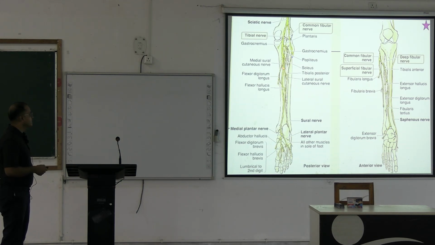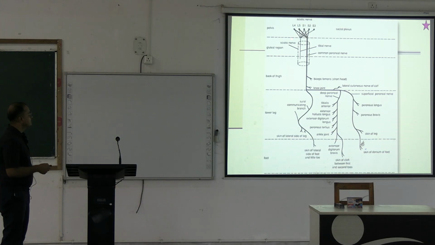The main continuation of the tibial nerve goes to the foot region, where it splits into two branches, medial plantar and lateral plantar. So this is the breakdown of the schematic of the branches in this region.